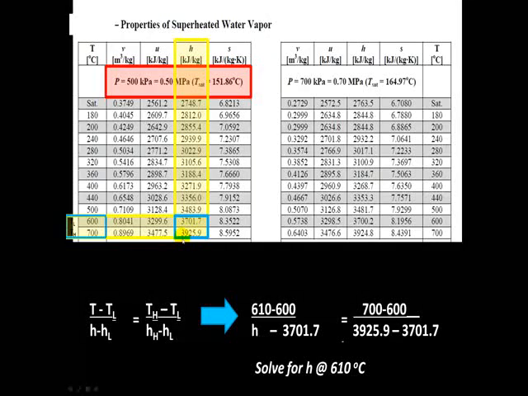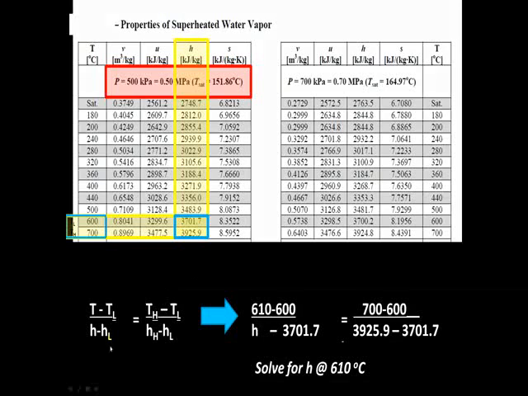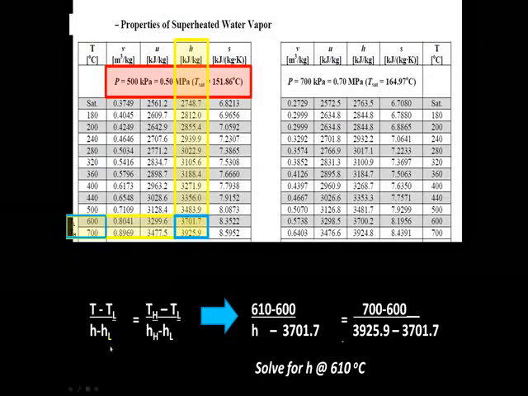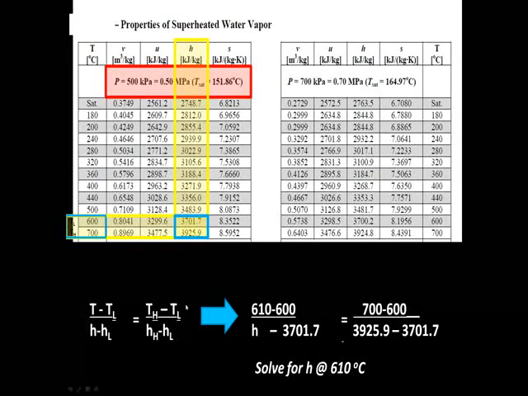So what you can think of this as saying is that if we were to draw a chart of temperature versus enthalpy, and we had a straight line going from a low to a high, then the one for our state would be along that line, which means the slopes would be the same. And that's what we're saying here. The rate of change here is the same.